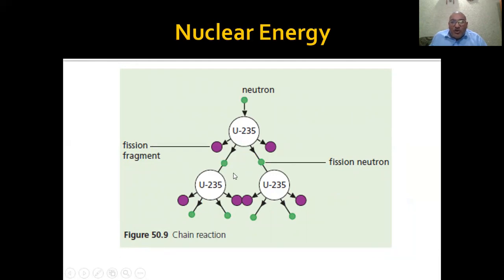So those two neutrons will do the fission of two more uranium nuclei, and then four neutrons will be produced, and they can do the fission of four. And from four, you will have 8, and from 8 you will have 16. From 16, you will have 32, and from 32 it will go to 64. So see, if you have a certain amount of uranium, this process can go on. So this is called a chain reaction. If this happens, it's called a bomb.